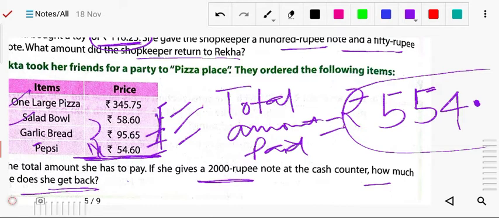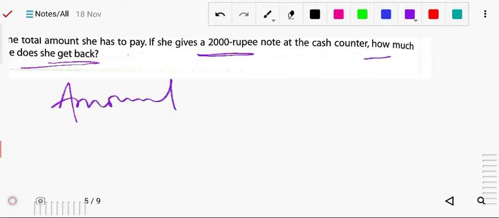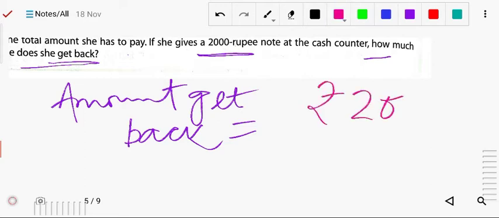Now next, if I have given a 2000 rupees note, how much amount will I get back? So we can write amount to get back, means the amount to be returned. So the given amount was rupees 2000.